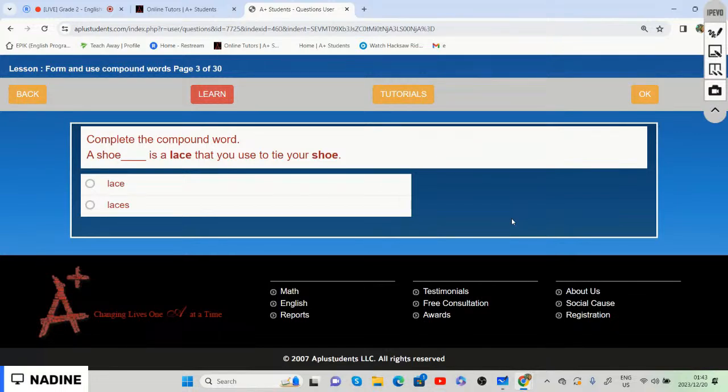A shoe, right? A shoe what? Is a lace that you use to tie your shoes. So a shoe, do we say a shoelace or do we say a shoelaces? Do we choose lace or laces?